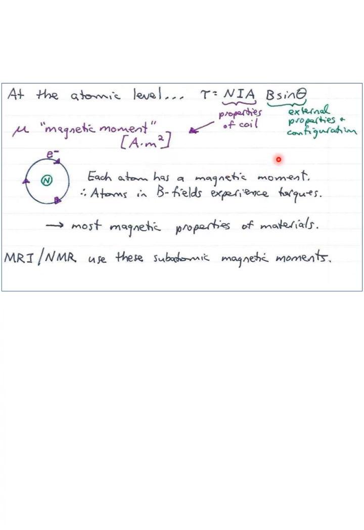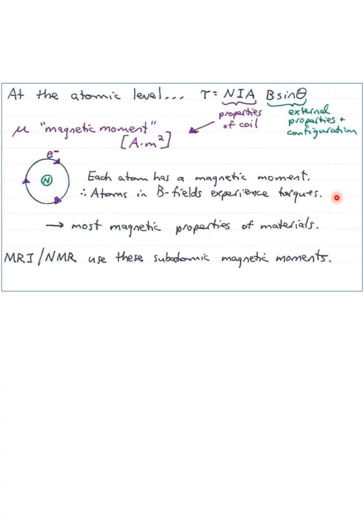The rest of the equation, the part I've set off in green, are external properties and the configuration. So that's the magnetic field that it's in times the sine of theta. So it's often useful to think about a current carrying coil in terms of its magnetic moment. Now, each atom has a magnetic moment, and therefore atoms in magnetic fields experience torques.